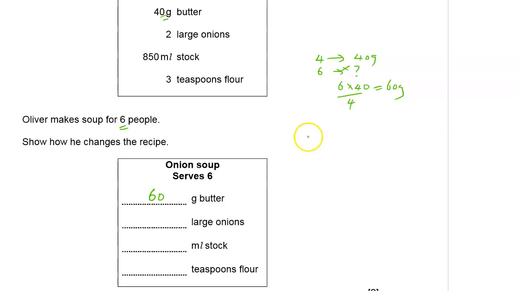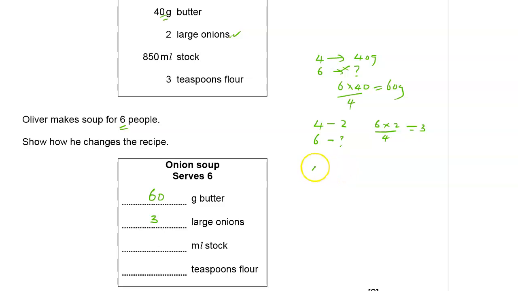For 4 people, he needs 2 large onions. What about for 6? How many onions does he need? So you cross multiply again. 6 times 2 divided by 4 should give you 3 large onions.